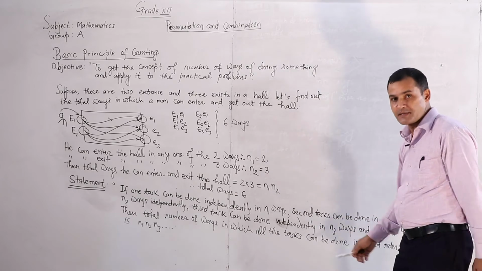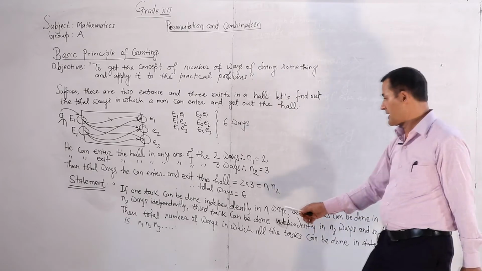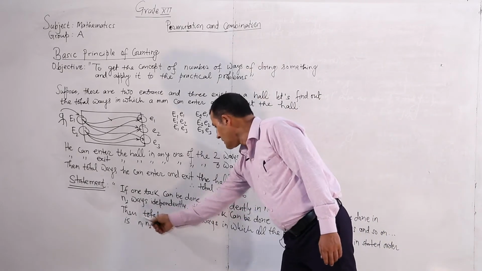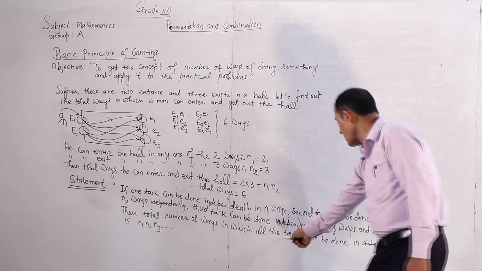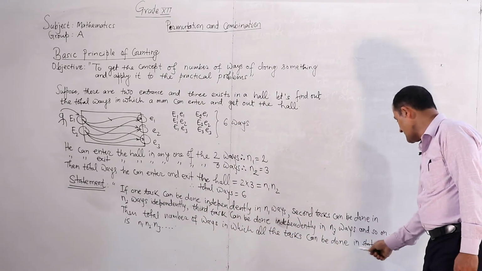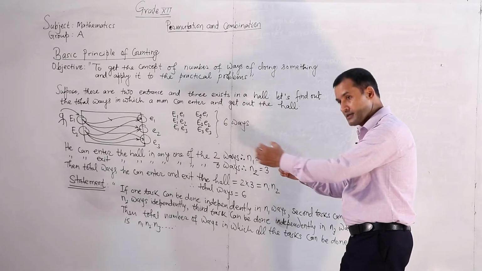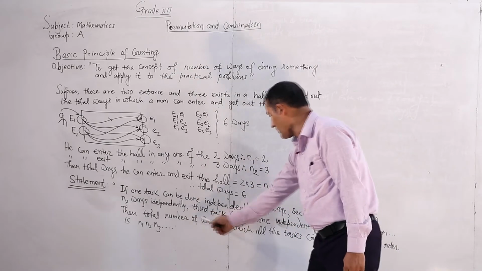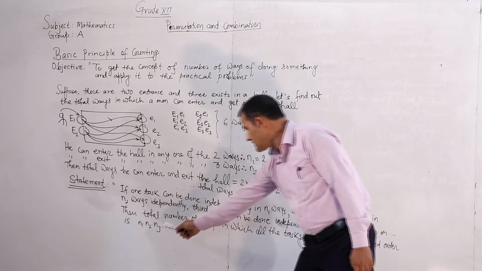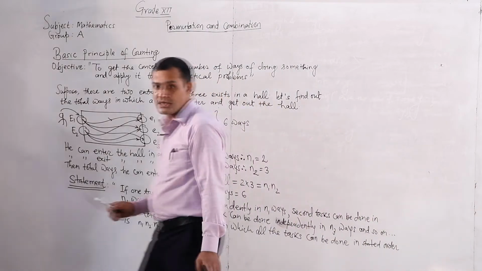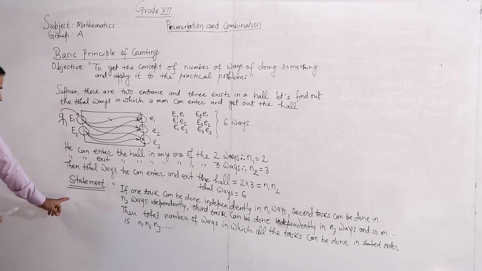There are so many activities that may happen all together. Then the total number of ways in which all of the tasks can be done in the stated order, meaning entering and exiting in the same order, is N1 into N2 into N3. This is known as the basic principle of counting.